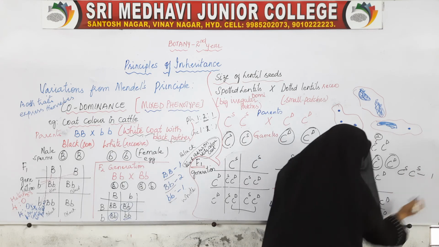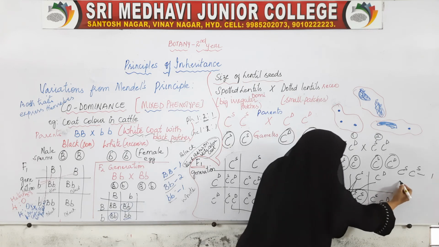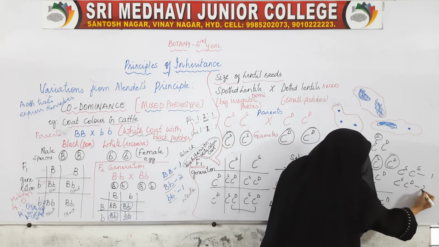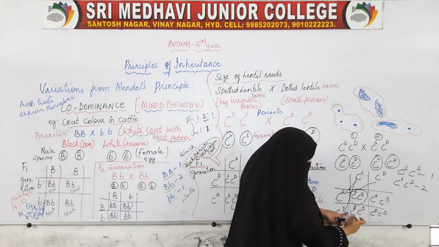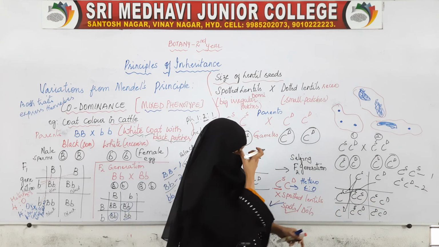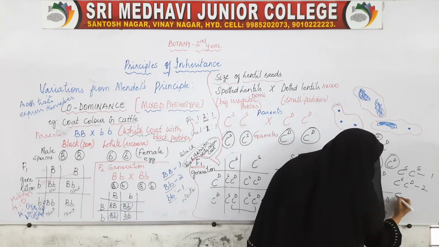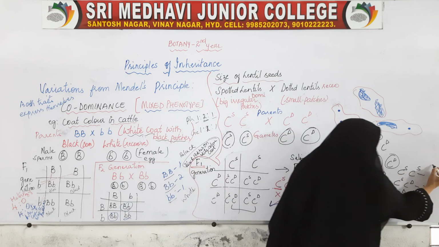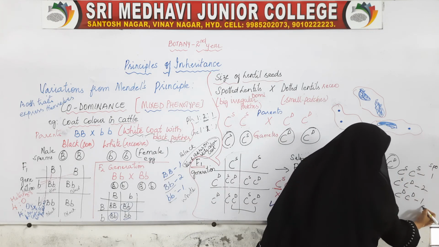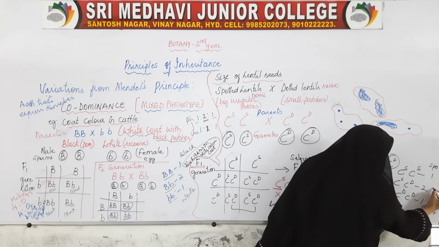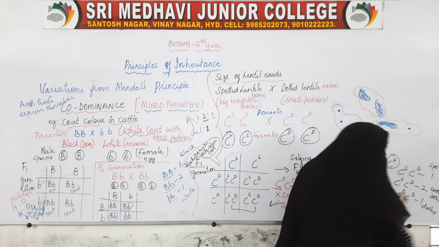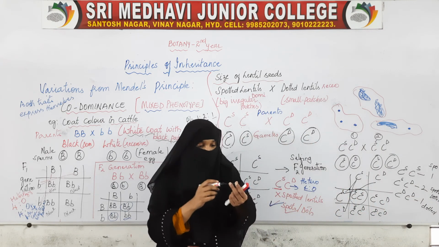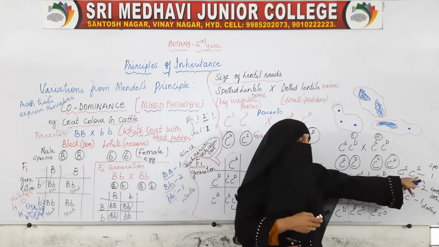Then we get CS CD 2, because this is also CS CD, this is also CS CD. And the third we get is CD CD 1. So one is spotted lentils, one is dotted lentils, and another is spotted and dotted lentils.